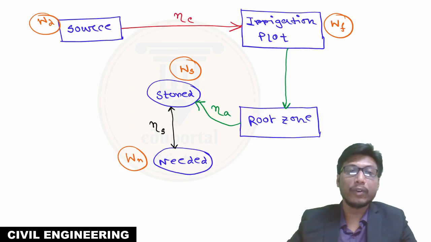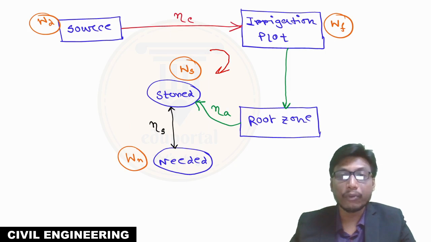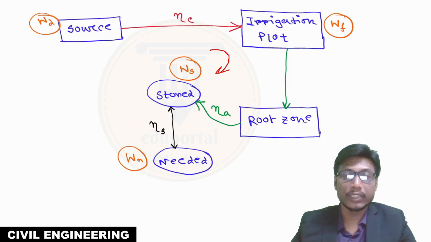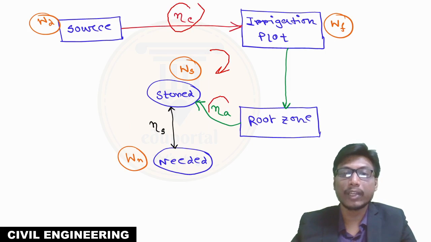First of all, see this diagram. This is very important. If you remember this diagram, then it will be very easy for you to solve this question. Sometimes students get confused between which one is conveyance efficiency and which one is water application efficiency.